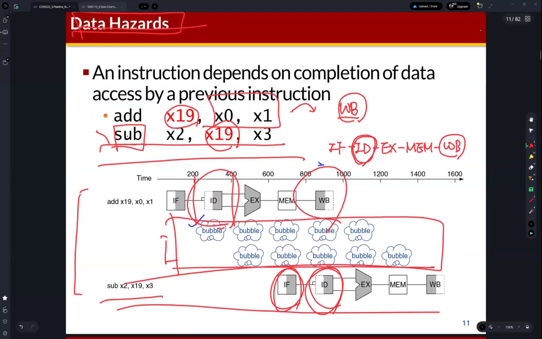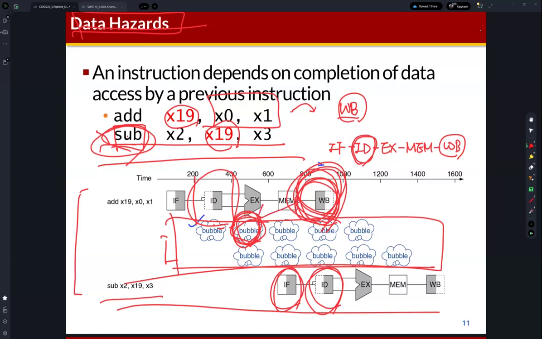And what's the problem? The following instruction, the next instruction, tries to read the required operands from the register file in the ID stage, but that's not possible, right? The ID stage of the very next instruction is here, but the result will be written back in this stage, the write back stage.